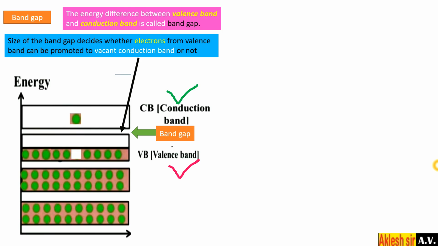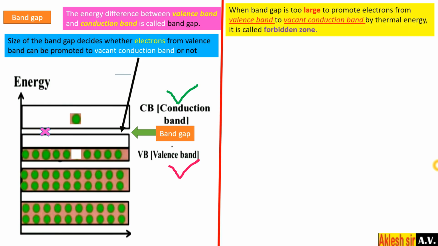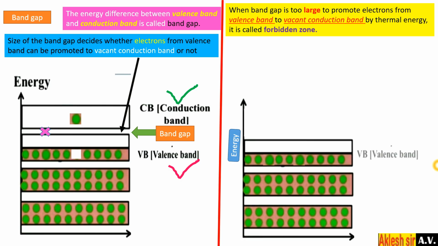It will not be promoted and will return back to the valence band. So it depends upon the band gap. We have divided solids depending upon their band gap. Next we will study when the band gap is too large.